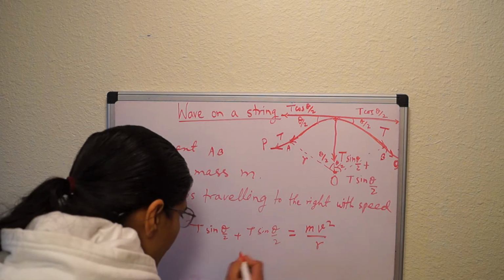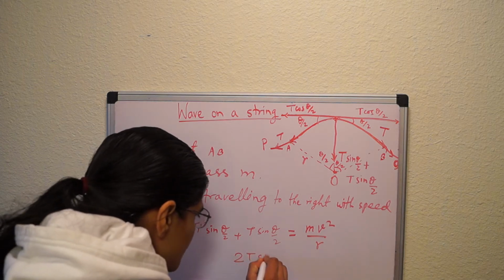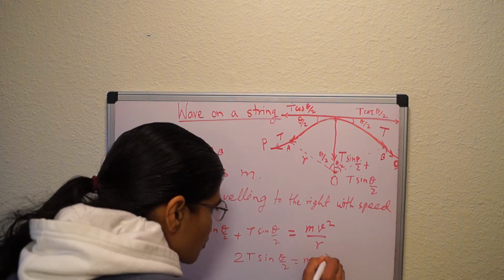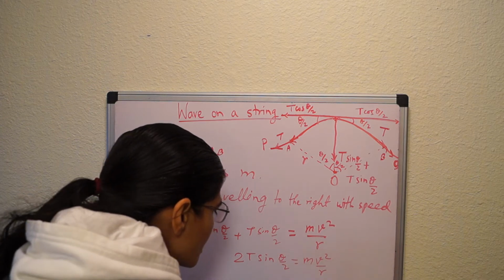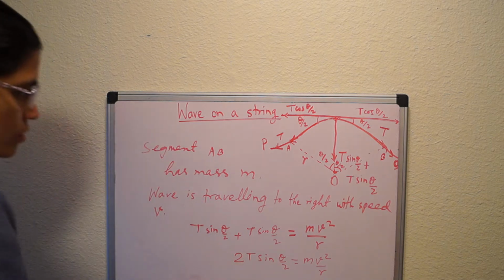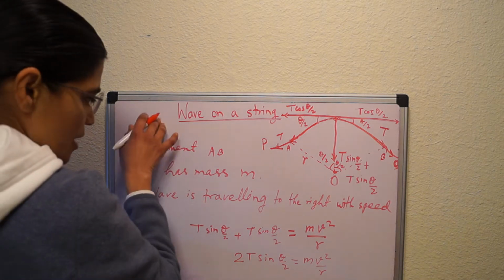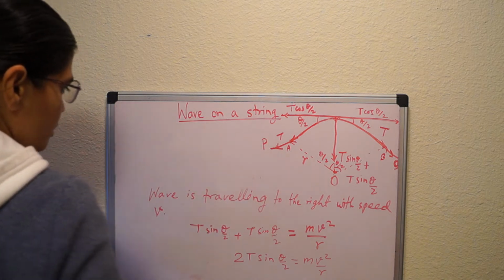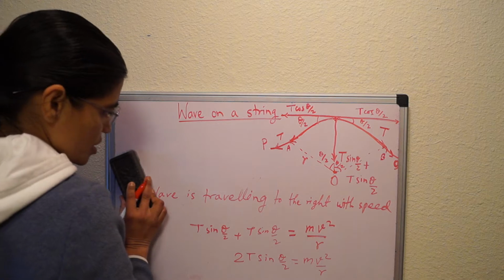Now, if we add this, this is just 2T sine theta by 2 equal to mv squared by r. You guys may not be able to see it, so I'm going to write it up here. So erase this part.